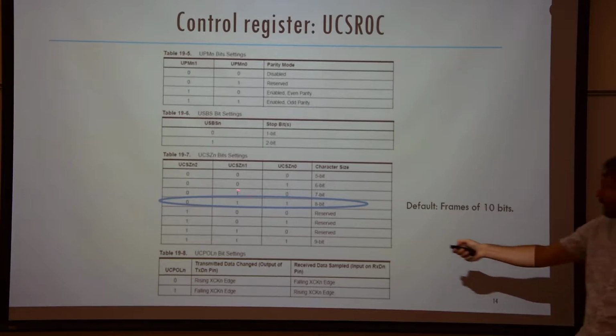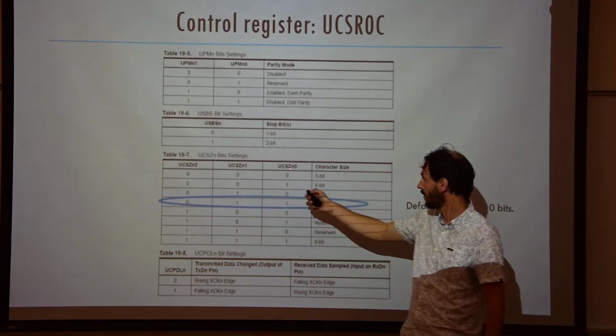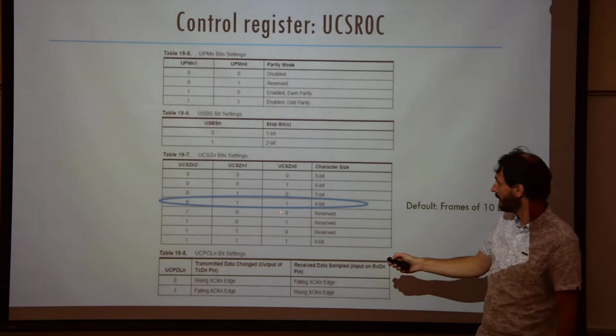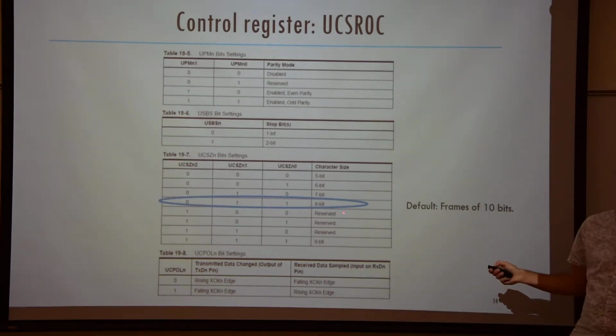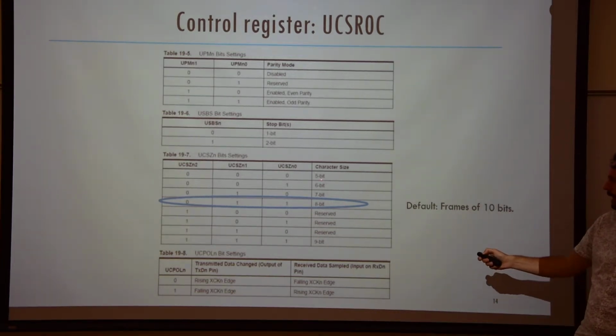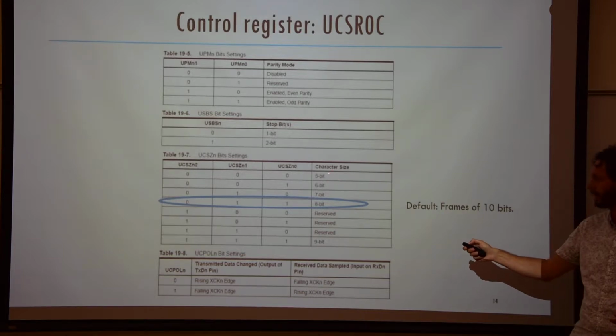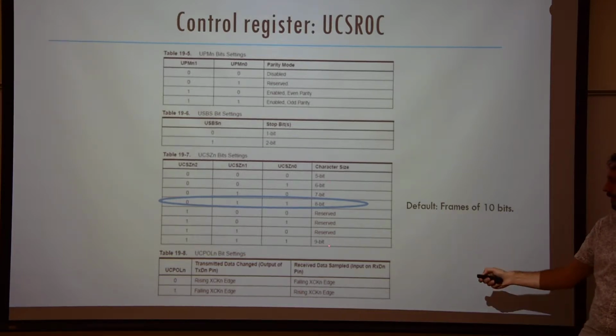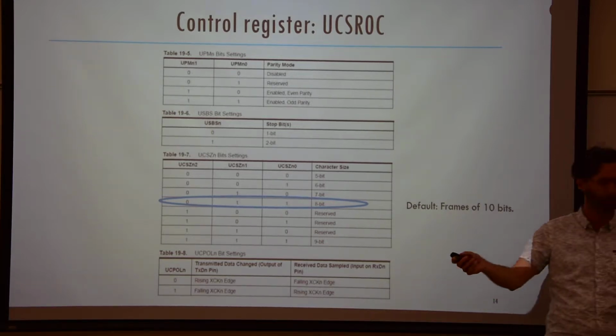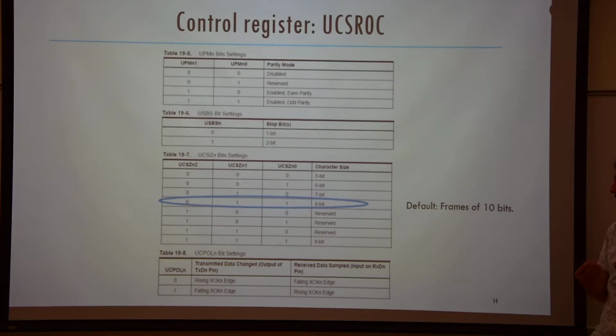So here are the 3 bits that I was just talking about, and this actually sets your frame structure. So I can decide to have very short frames that only have 5 data bits, or very long ones that have 9 bits. In our case, you want to transmit characters between the console of your laptop and the MCU, so we transmit characters, and that will be 8 bits.